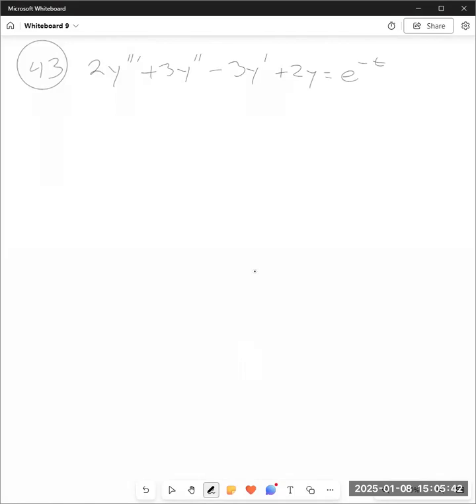And we have y of 0 given as 0, y prime of 0 given as 0, and y double prime of 0 given as 1.